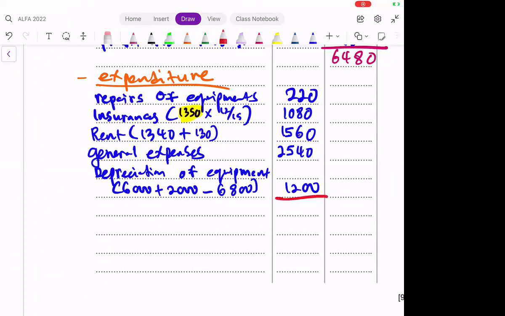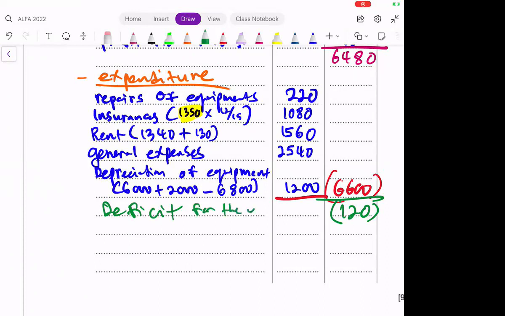Then you total up all this, you get 6,600. 6480 minus 6600, I get negative 120. Negative means deficit. Deficit for the year.